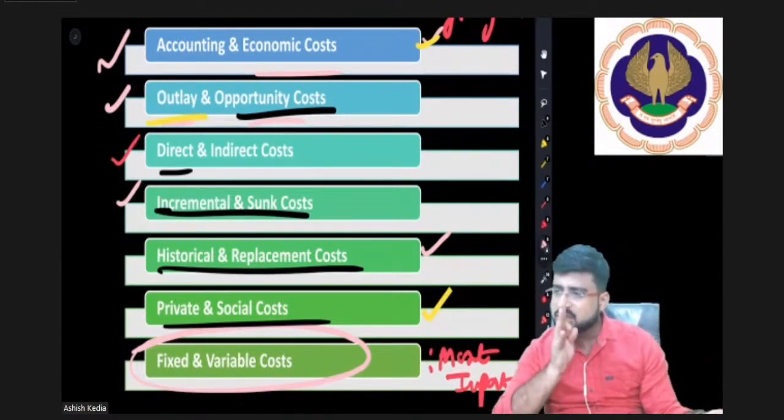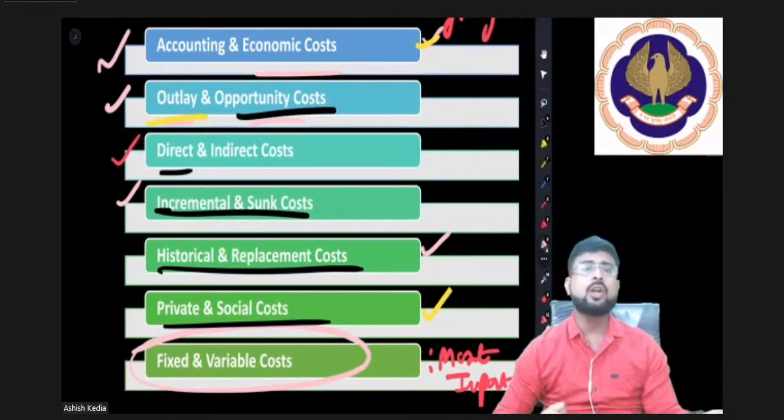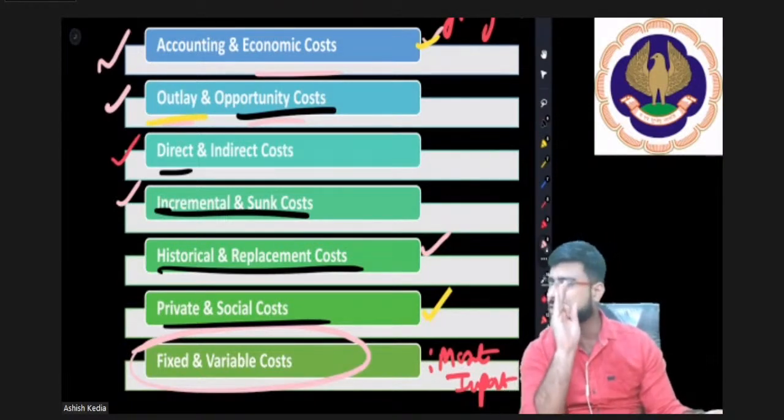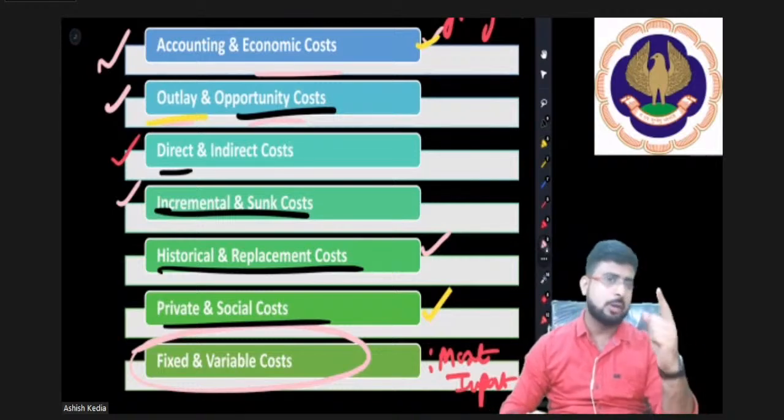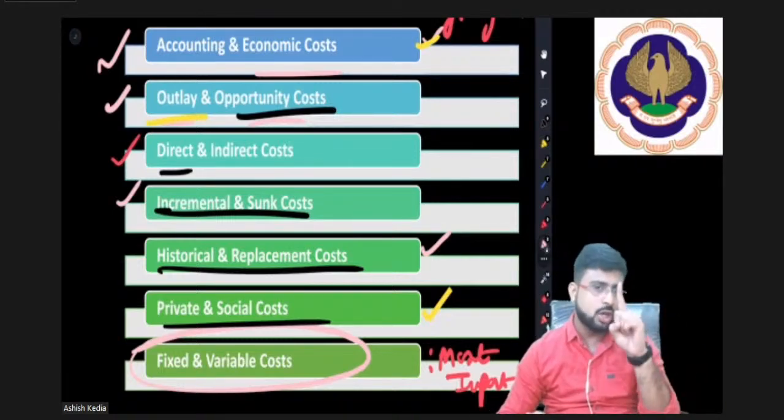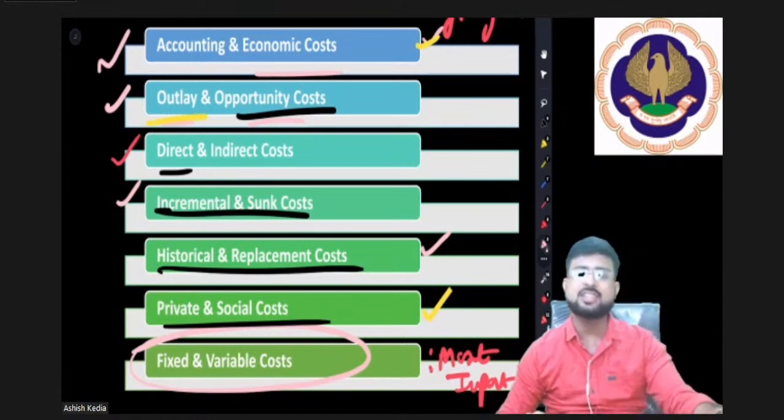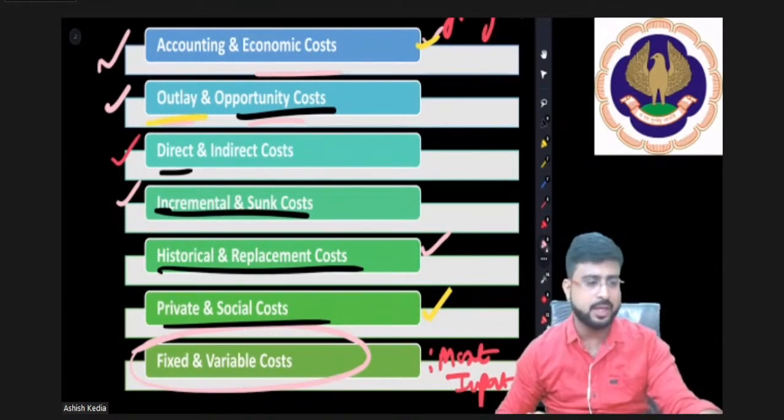What is the cost which talks about the next best alternative sacrificed? Everybody will have to answer this. I'm waiting.